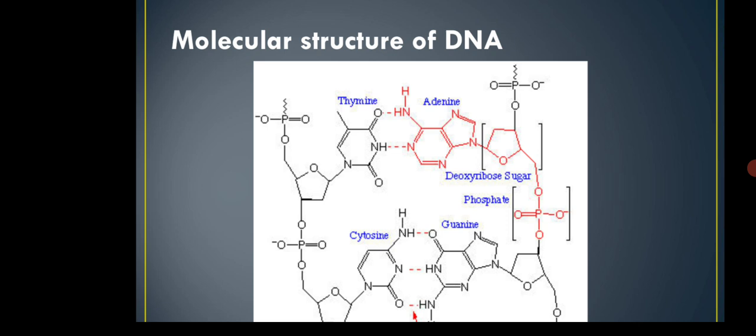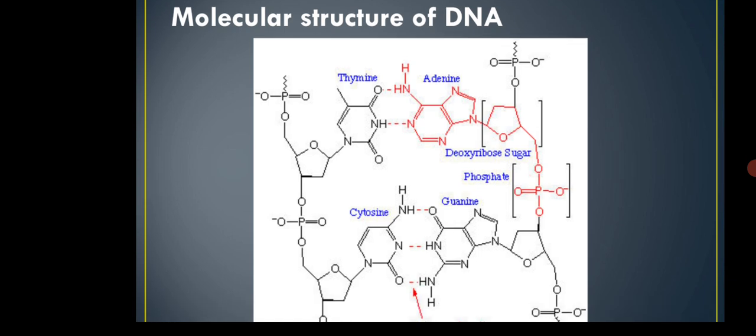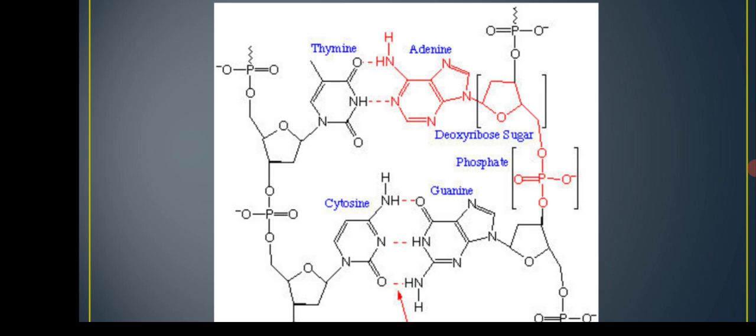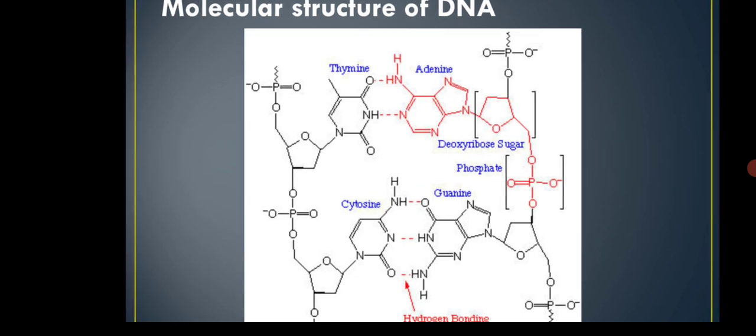Always remember this thing. Adenine binds with thymine with a hydrogen bond, and generally it is a double bond. Next, cytosine binds with guanine and they bind with a triple hydrogen bond. So this is the molecular structure of DNA.